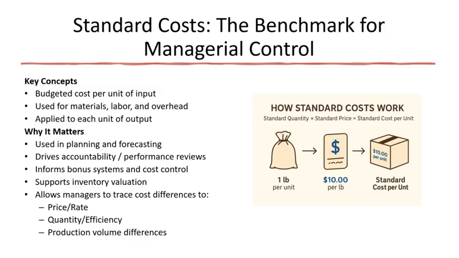This lets Janelle, the controller, pinpoint whether a cost variance came from paying too much, a price or rate issue, using too much, an efficiency issue, or simply producing more or less than expected. Without standard cost, all she sees is what the total cost changes were. With these standards, she can trace it back to the cause and, more importantly, assign responsibility. It's not about blaming people, it's about managing intelligently.